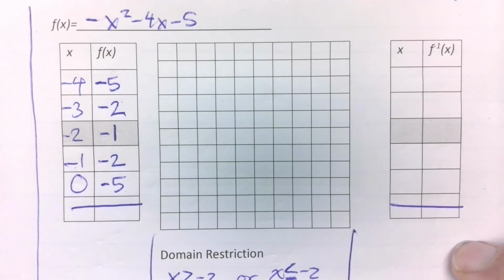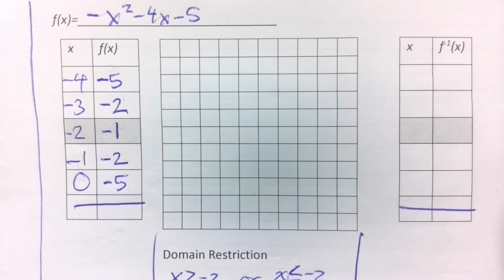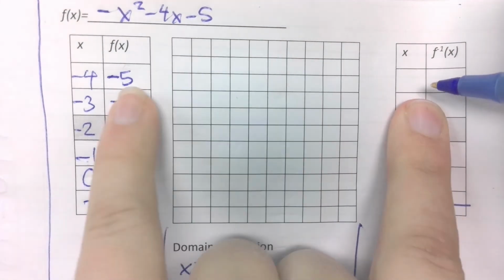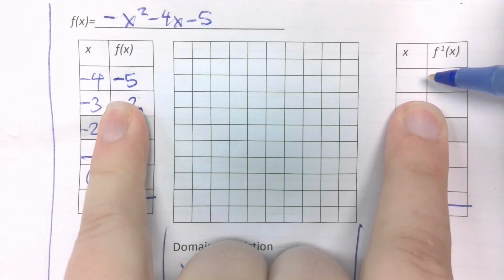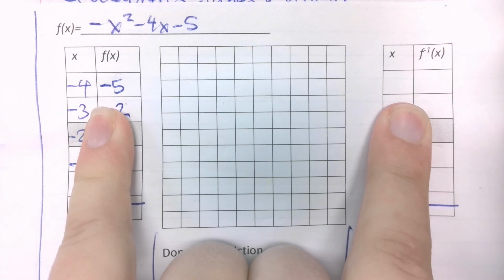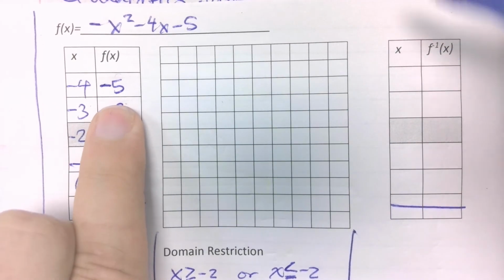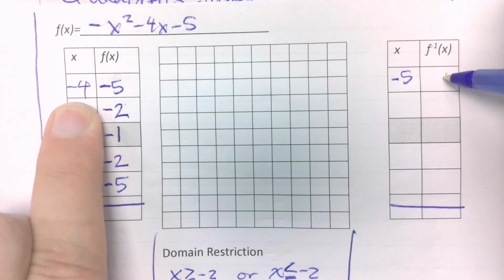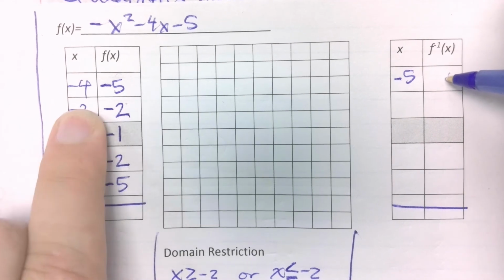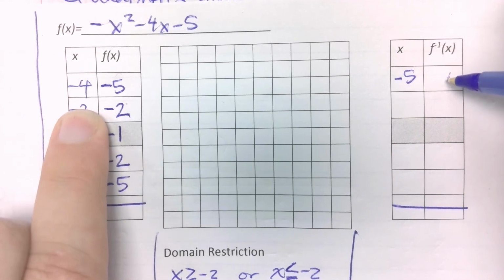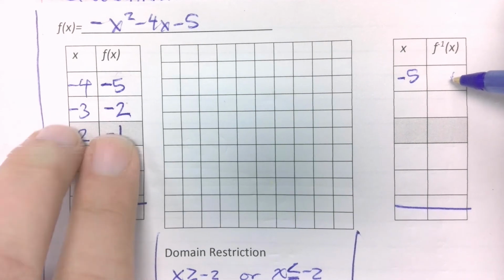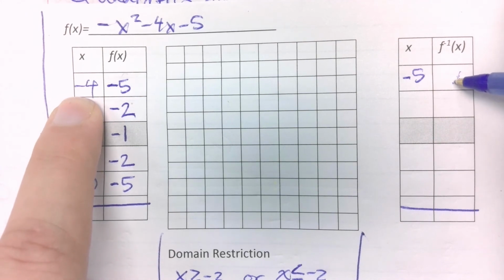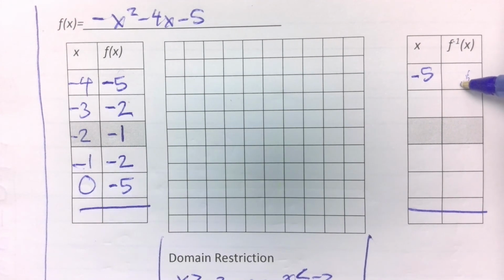Who wants to help me fill out this table? Jared, can you help me? Can you help me fill out this table? What goes here? Do you know? You just switch these. So what's going to go here? Jared, can you hear me? You're just going to switch those two. So what's the x? Come closer then.